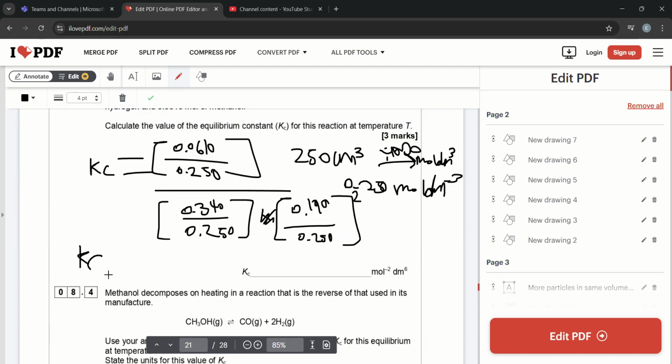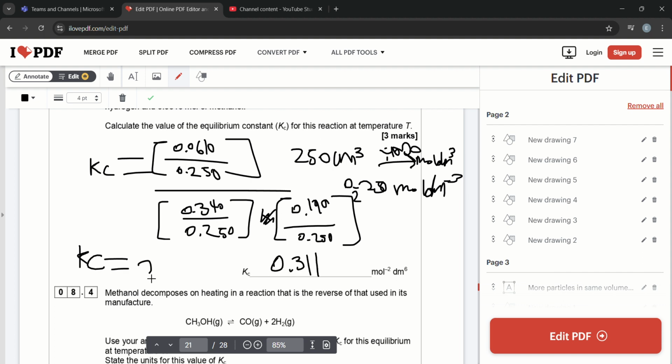This will give me the value of Kc. I get Kc as 0.311.